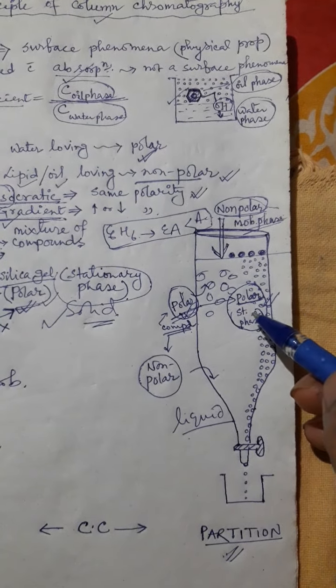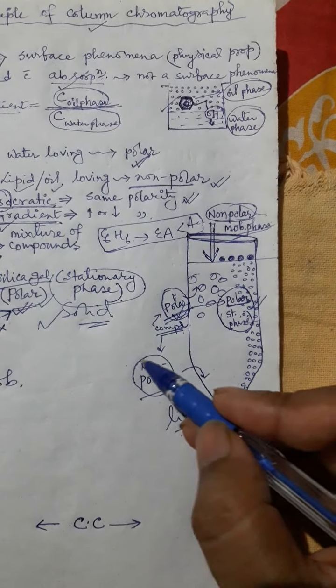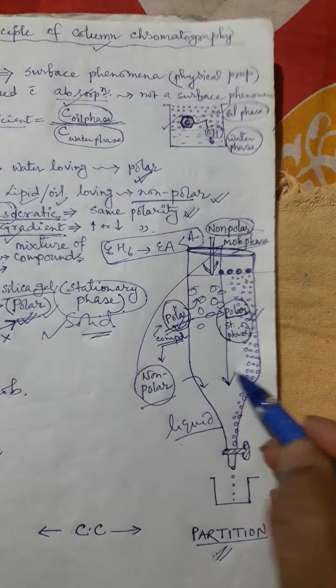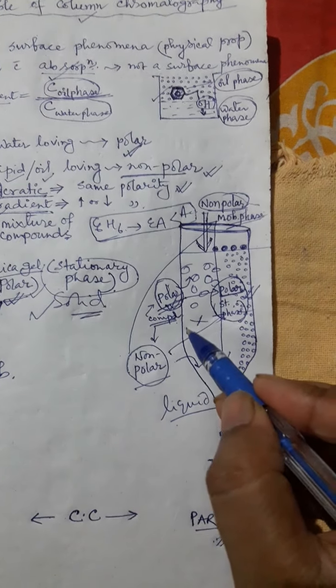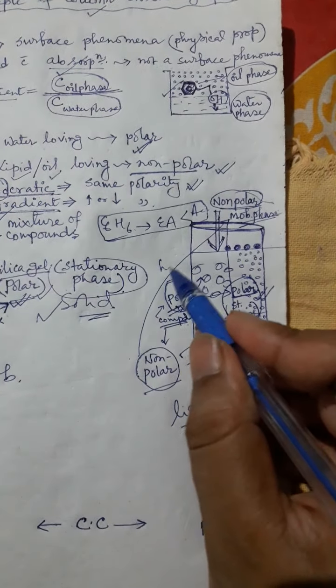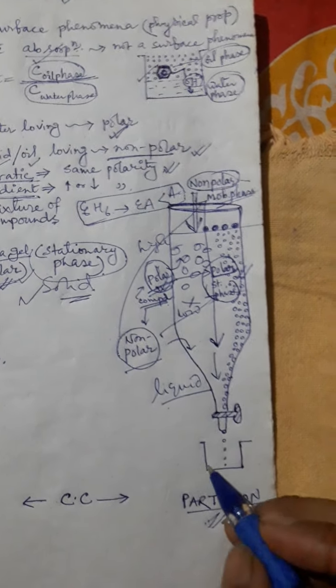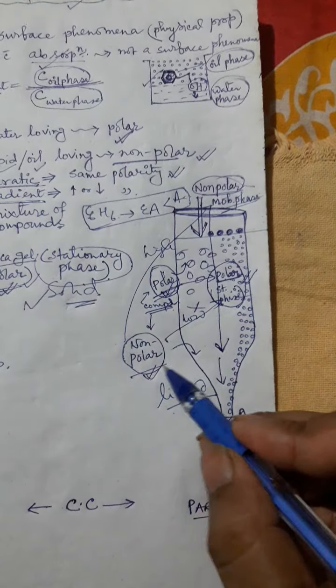So movement is slow. Now consider the non-polar compound, having affinity towards the non-polar solvent, so it will move faster, and having low affinity towards the polar system, so it will elute faster, and the first compound you will get is the non-polar compound.